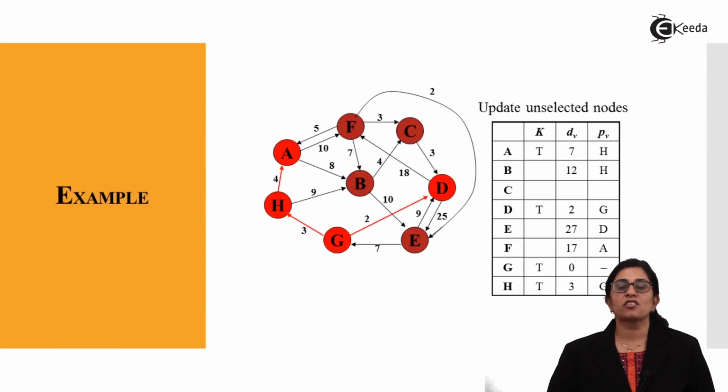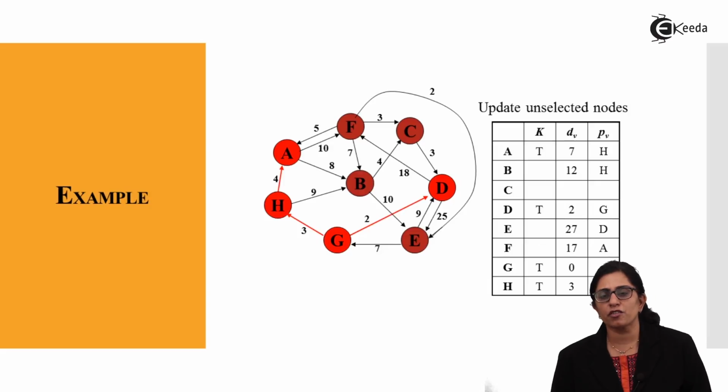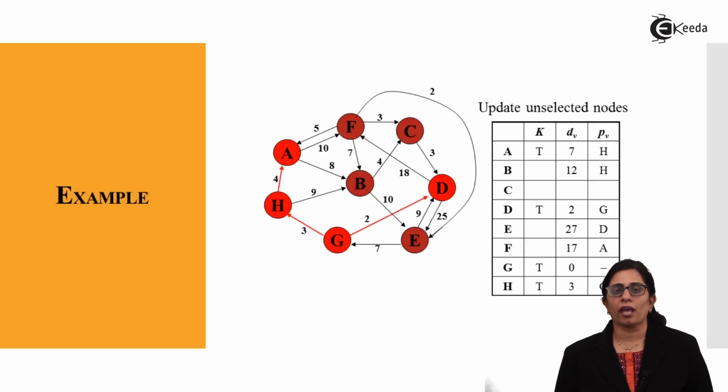We replace the distance travelled in the node F with 17. And what is the previous node? We have replaced the previous node from D to A, as the distance weight to reach F from A is 17, whereas if I was reaching it from D, it was 20. So in the table, we have replaced that.